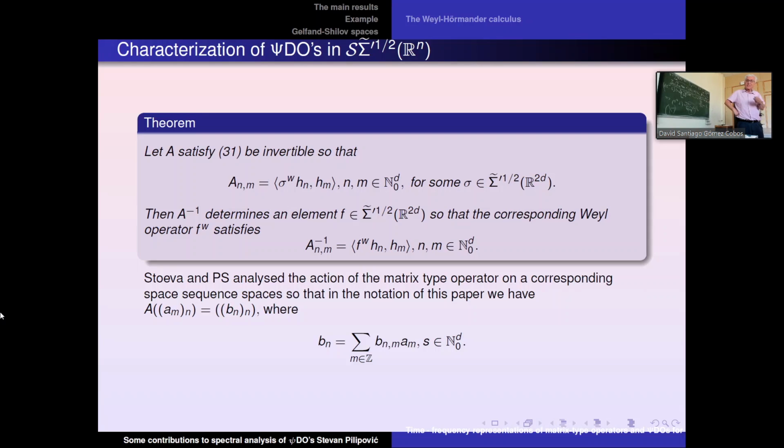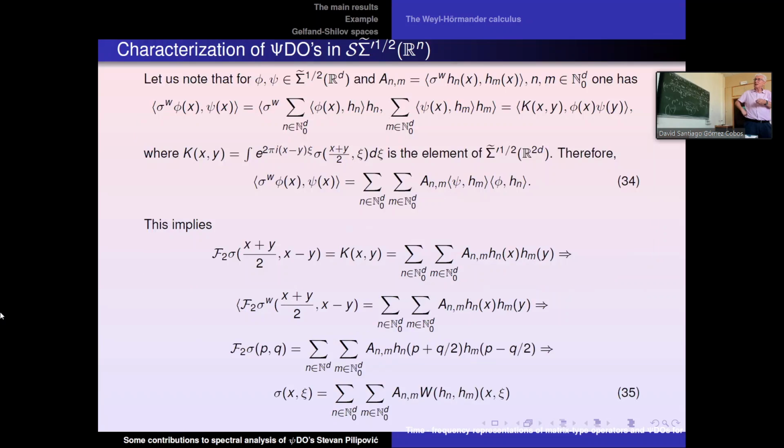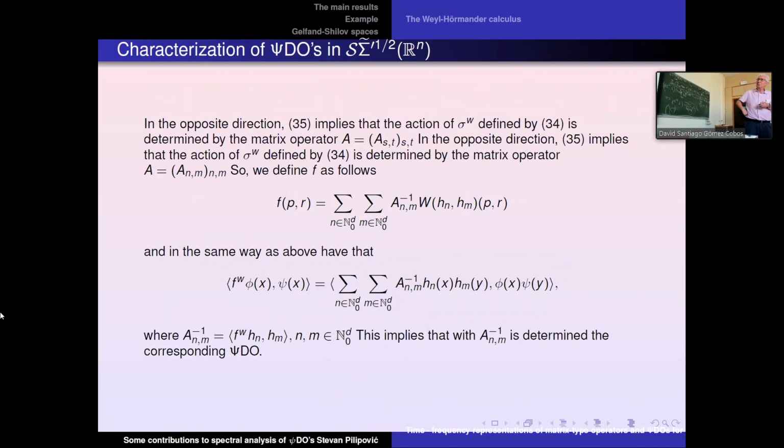So for us it is important that we have got a pseudo-differential operator. And this is the definition of that F. Again, I have just put matrix elements on that place, as here I have the same thing. These A and M's are just matrix elements.